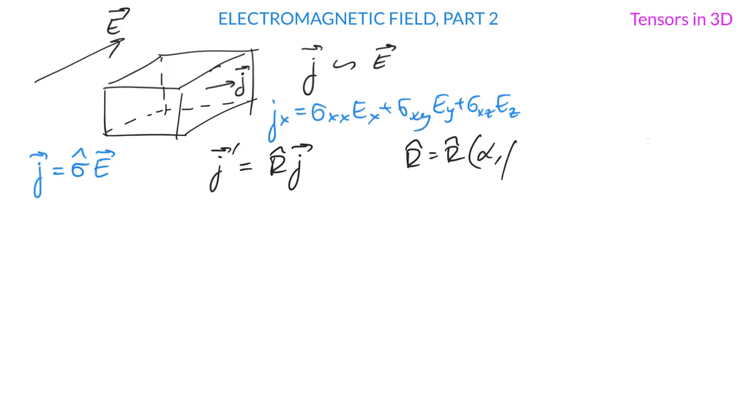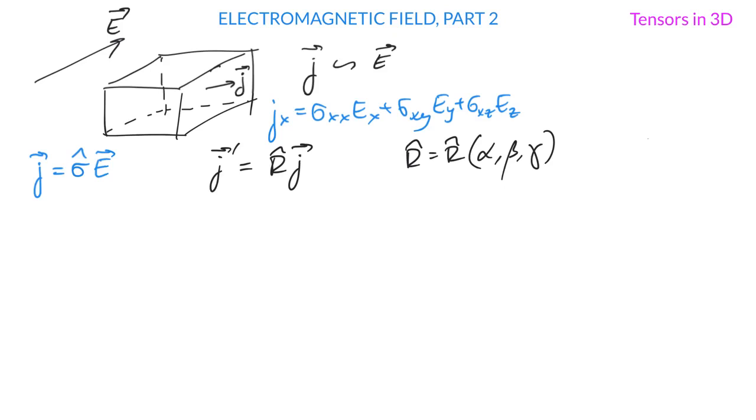So for instance, those could be the Euler angles alpha, beta, gamma, or there could be some other parameterization, that doesn't matter. So it's a matrix that takes the components of J and gives the transformed components J prime.